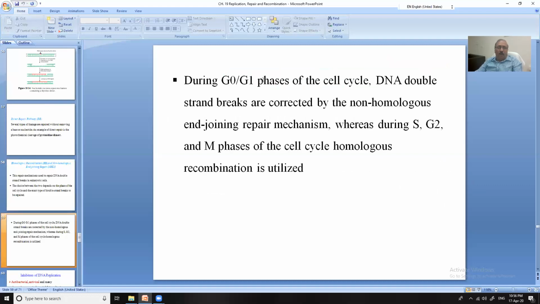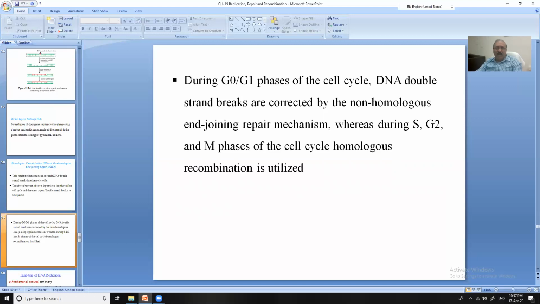During the G0 and G1 phases of the cell cycle, DNA double strand breaks are corrected by the non-homologous end joining repair mechanism, whereas during the S, G2 and M phases of the cell cycle, homologous recombination is utilized.